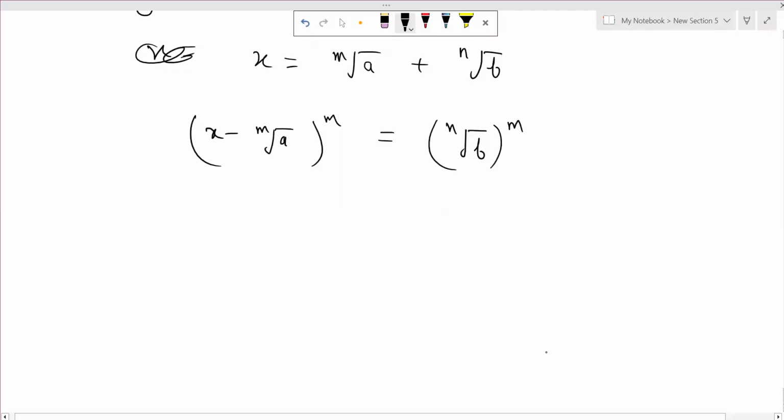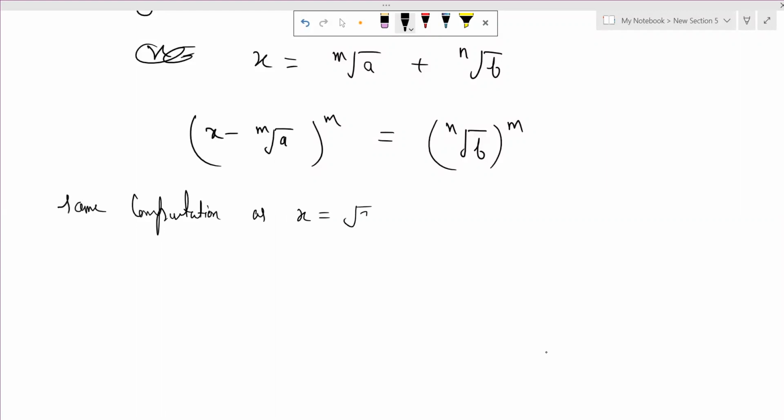Then this is just a computation. You can open this m-th power, then remove the root term by taking it to one side and then taking the n-th power again. In the same way you can get the degree, same computation as x equals root 2 plus root 3.